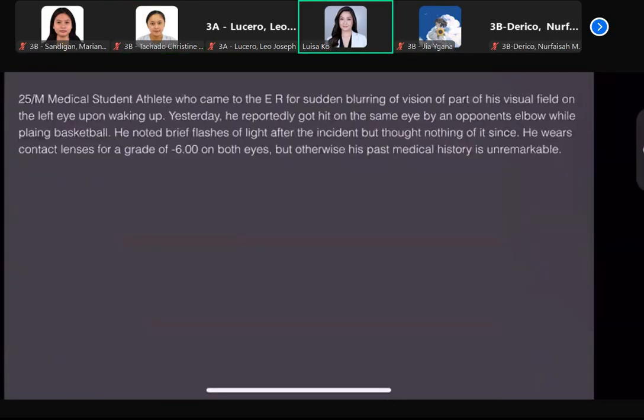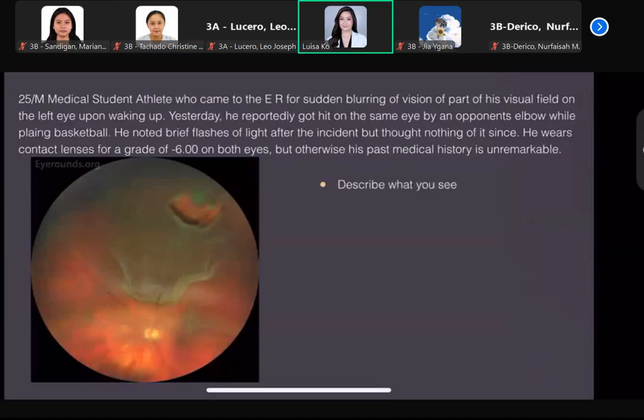Our first case again. Let's describe according to our guidelines. First of all, what is this? This is a fundus photo of which eye?